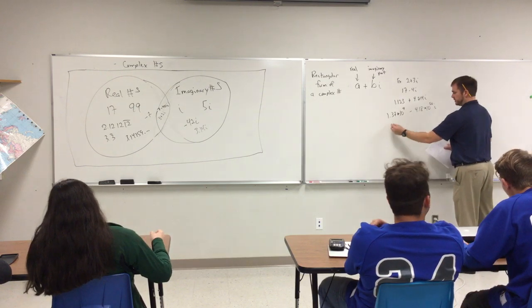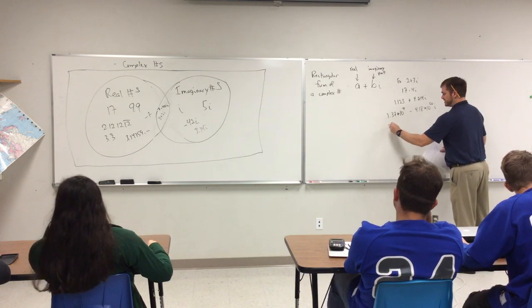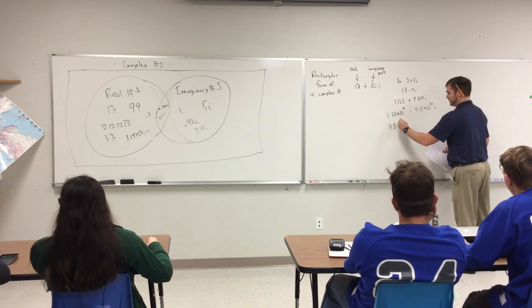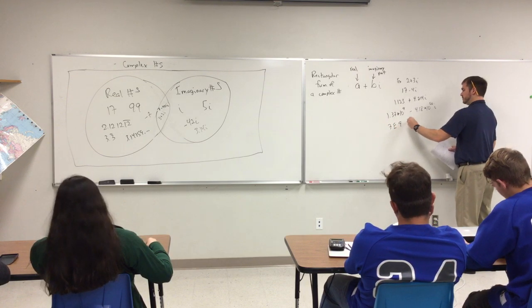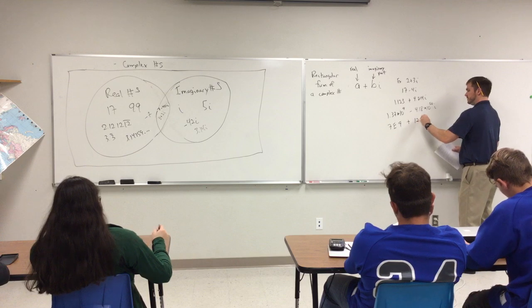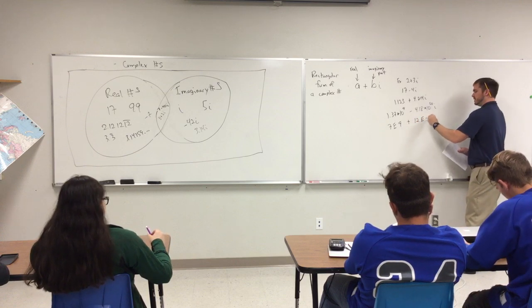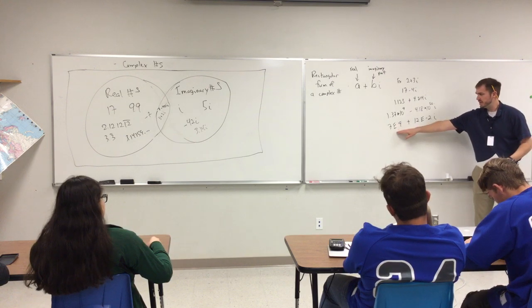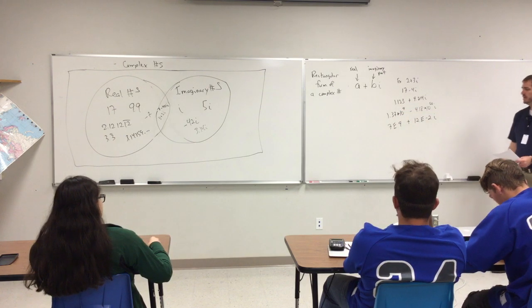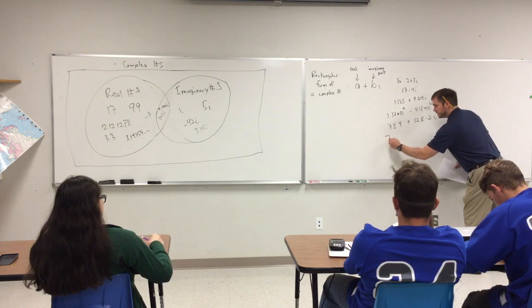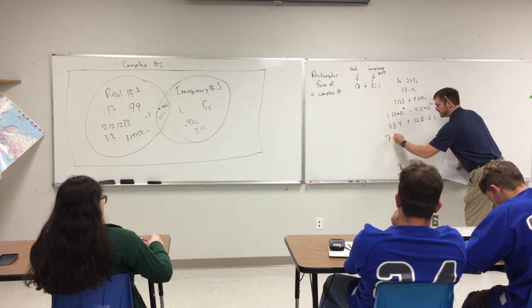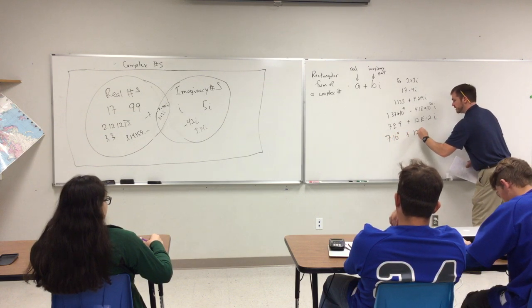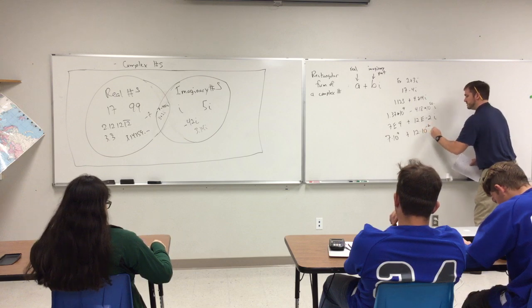We could write that also as, you could say, 7e9 plus 12e negative 2i. Well, remember the e stands for the times 10 to the whatever. This would be 7 times 10 to the 9th plus 12 times 10 to the negative 2nd i.